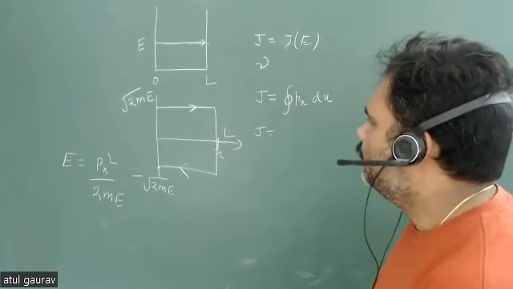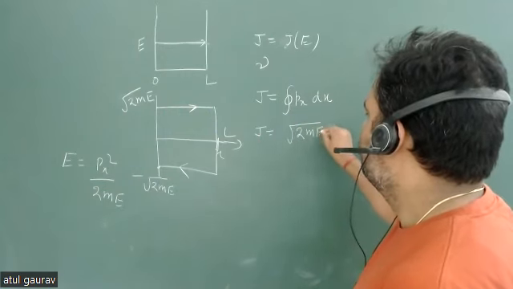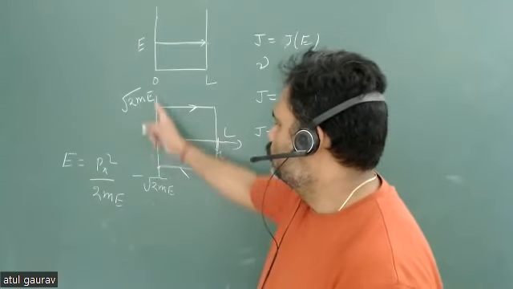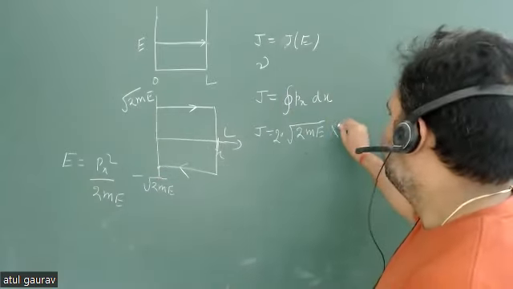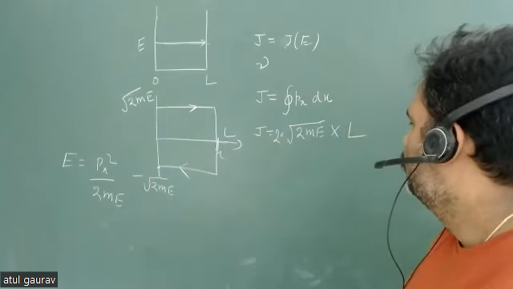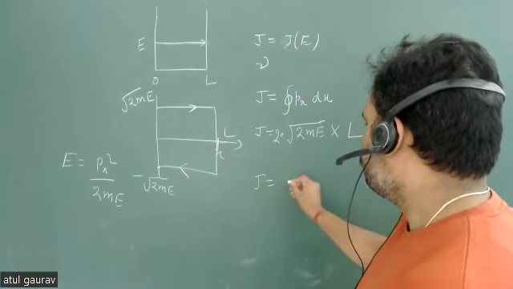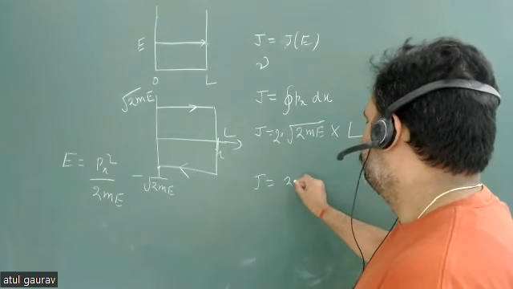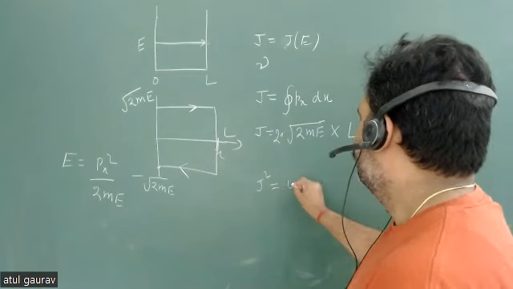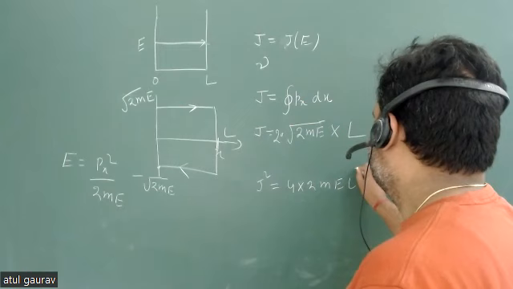It is 2 times root under 2mE into length L. You can do it with integration also. From here, J square is equal to 4 into 2mE L square.